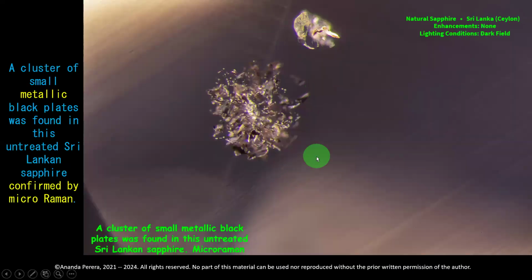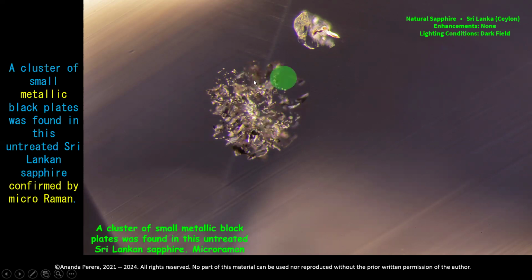Look at this inclusion. The lighting condition here is dark field illumination. It is also Sri Lanka sapphire, natural. And look at the cluster here. Cluster of small metallic black plates.